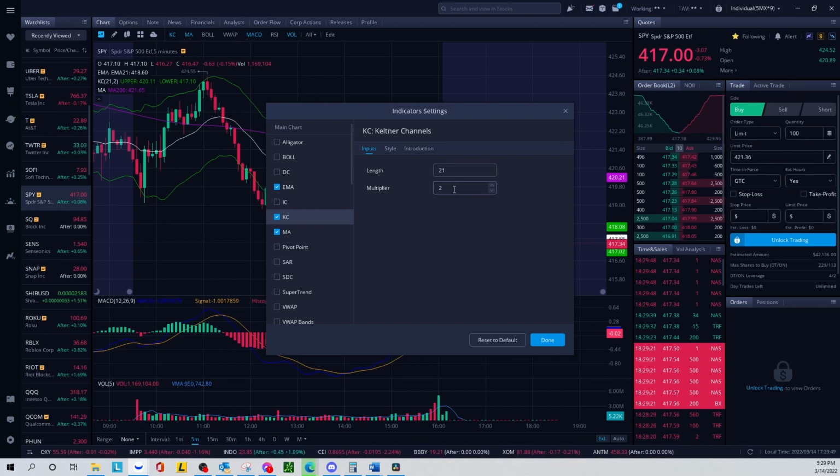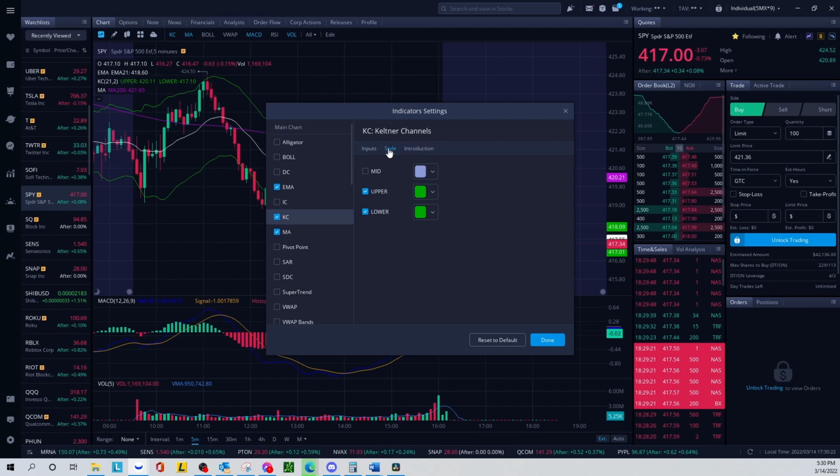Some people use 3 ATR, but that gets to be kind of far away, and so you're less likely to be pivoting off of prices that are that far away. And so, experiment with it, play around with it. Just set it for 2 initially, and then you can see how the price action moves with respect to that. And then if you want to tweak it later on, feel free.